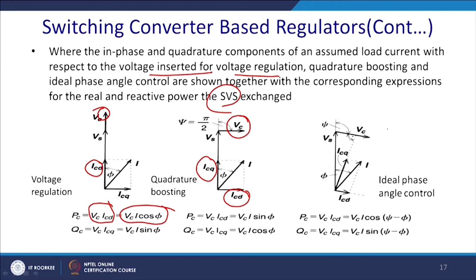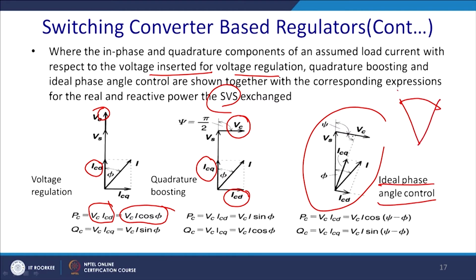But in ideal angle control, you can inject Vc at any angle phi, and in that way you can compensate real power as well as reactive power. So, this is the ideal phase angle control, because you have to inject current in that way. This one is V1, this one is V2, and this one is phi. So, you have to inject in this way, not in quadrature or in phase.